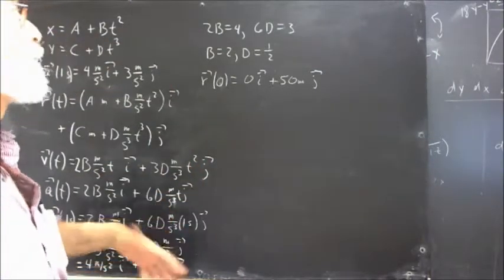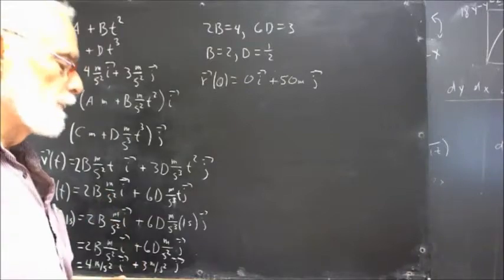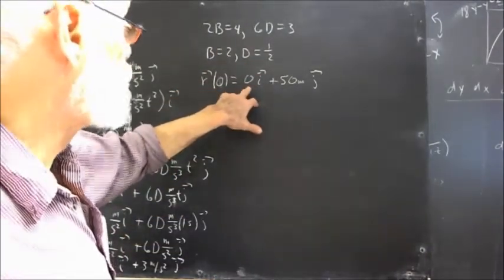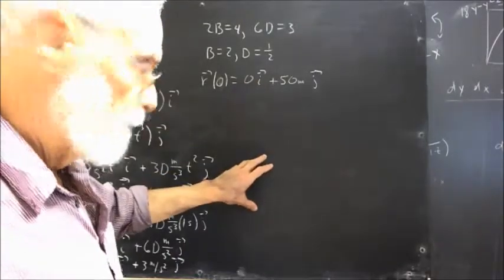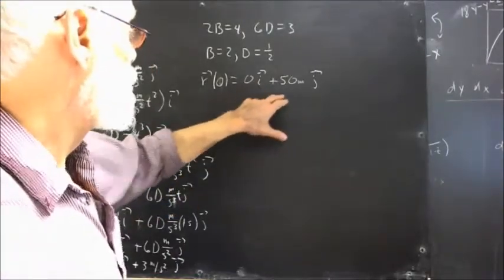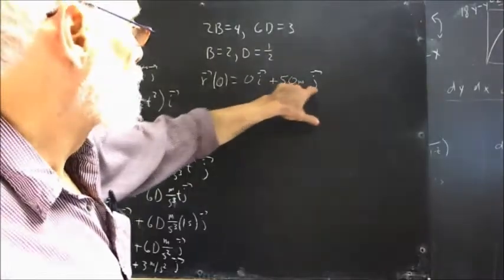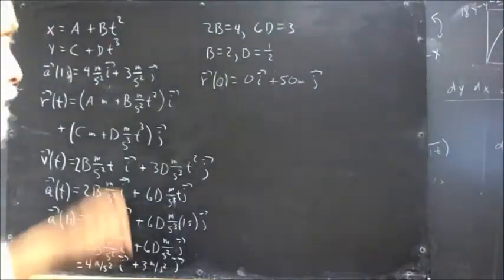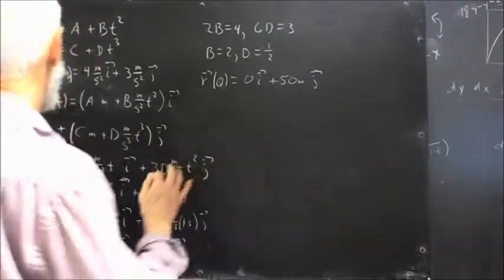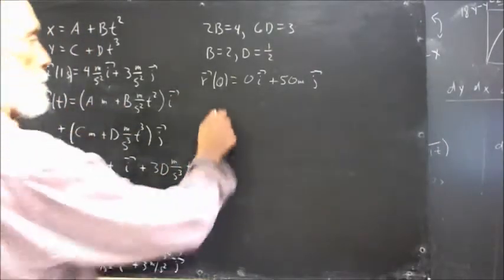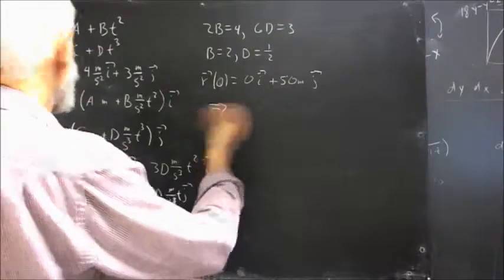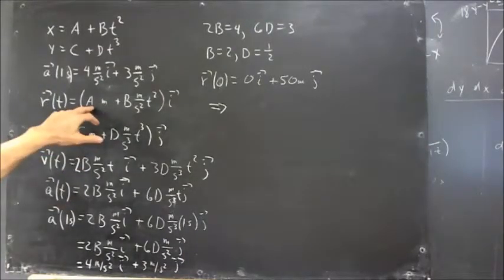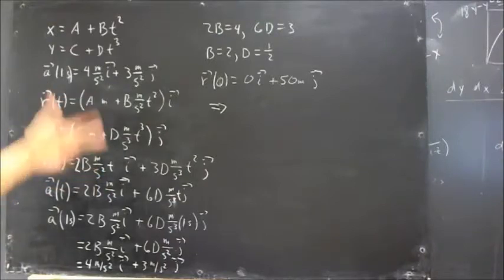We're free to choose the origin as far as that goes. If the origin's at the bottom of the tower, then we have 0i plus 50 meters times j as the position at the top of the tower. And from that, we determine, and I'll let you work out the details of that, that A has to equal 0 and that C has to equal 50.